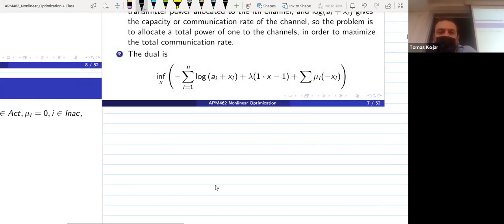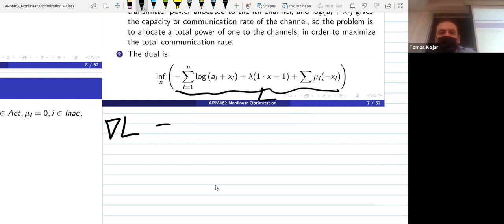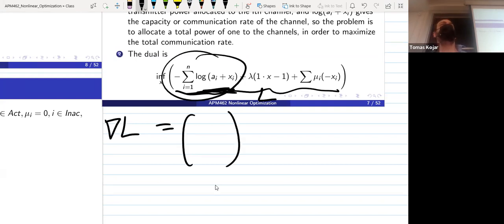All right, so we're going to take the gradient of L. What's the gradient of the first guy? With the minus, so let me put the minus: A1 plus X1.